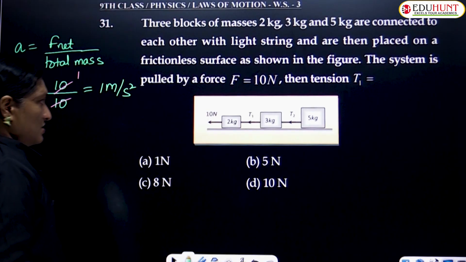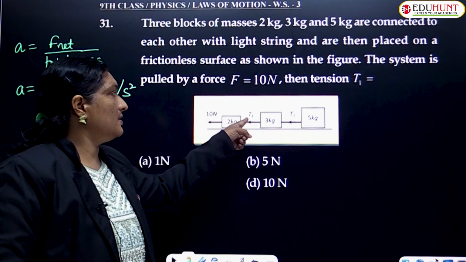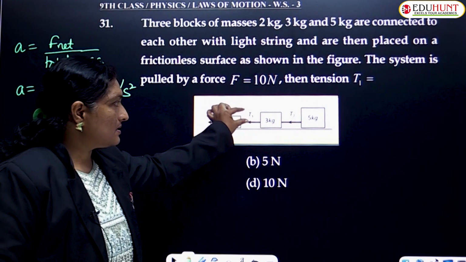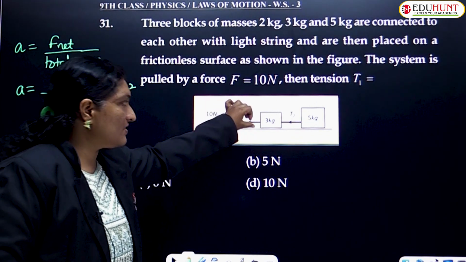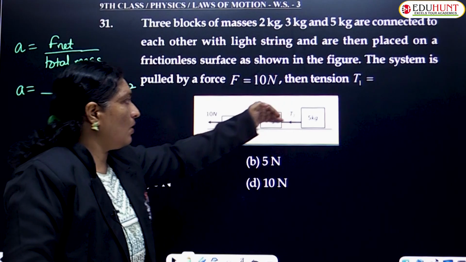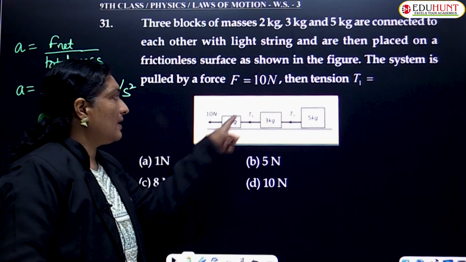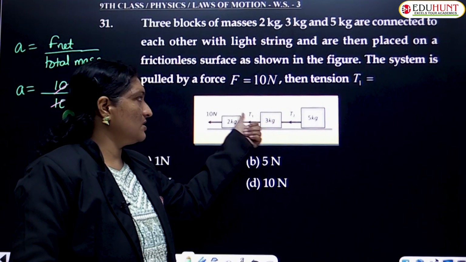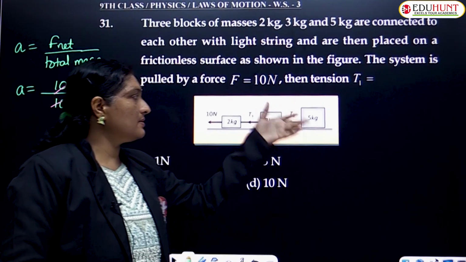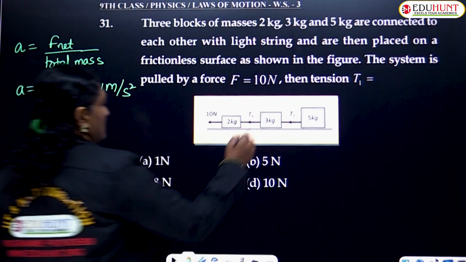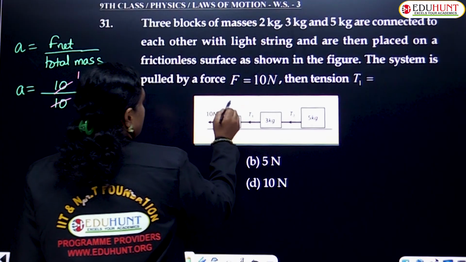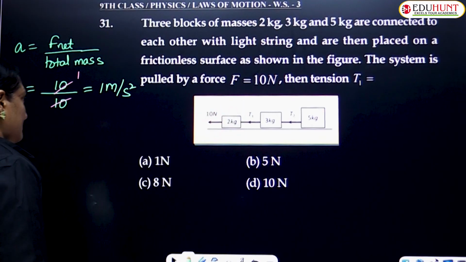Now you are asked to find the tension T1 in the string. If you observe, this tension is a force which is pulling these two blocks towards the left side. That means tension T1 is equal to the total mass times the acceleration of the system. It is very clear that the complete system is accelerating towards the left side.